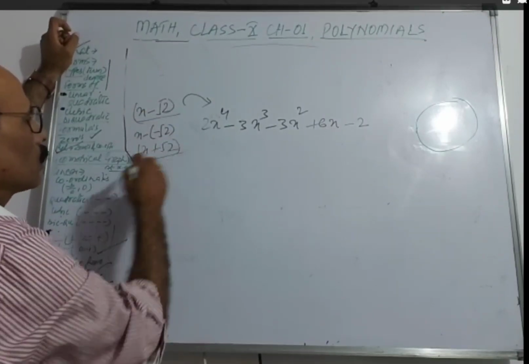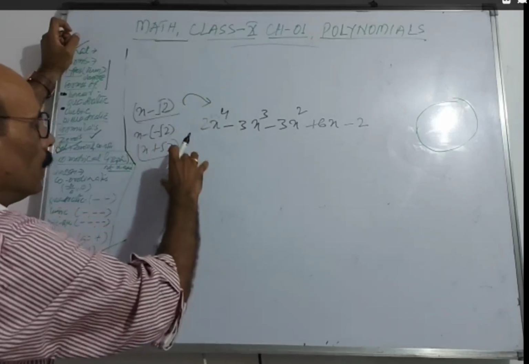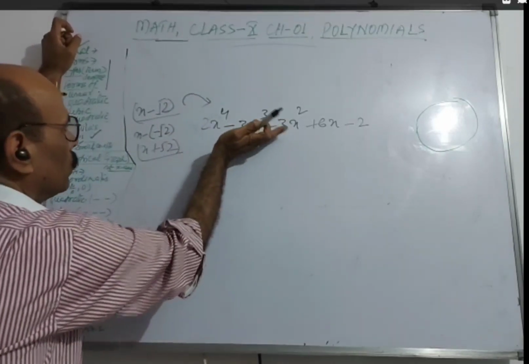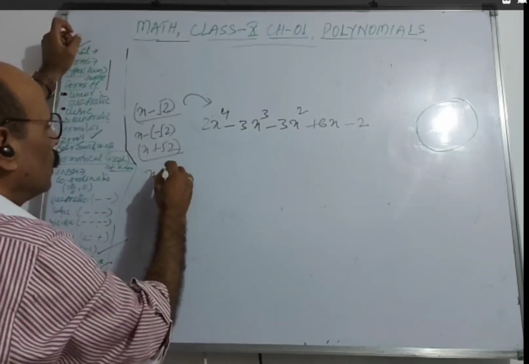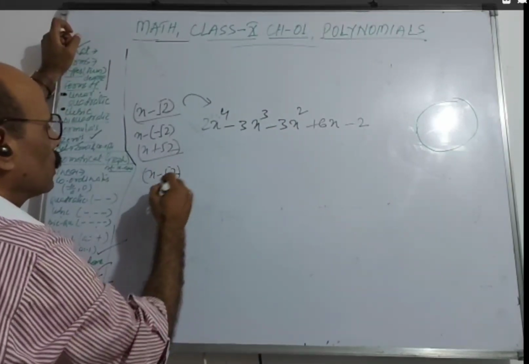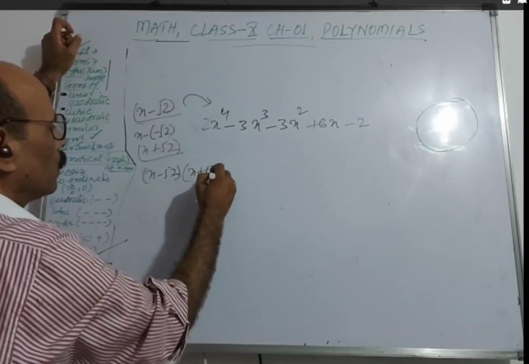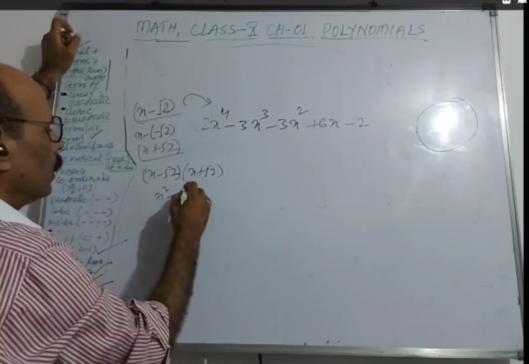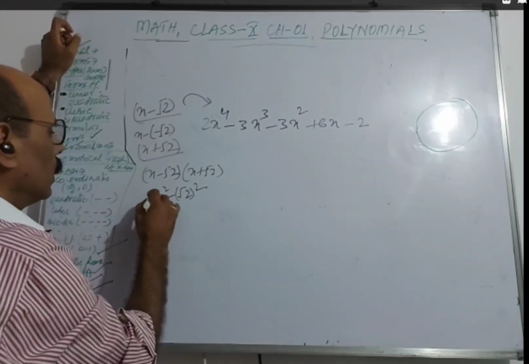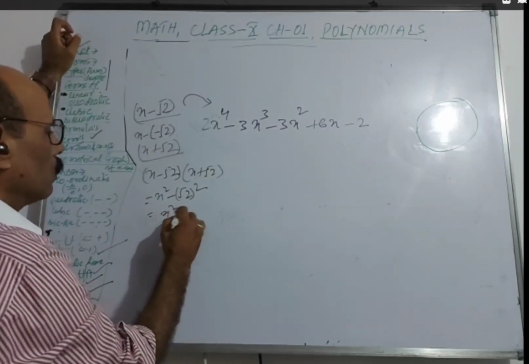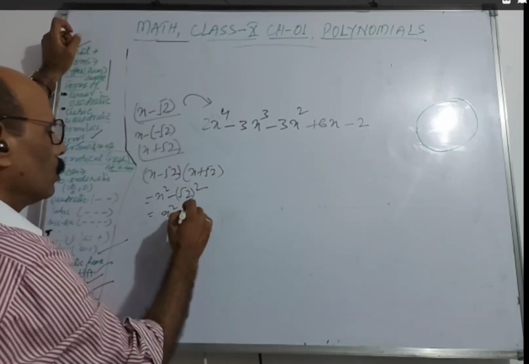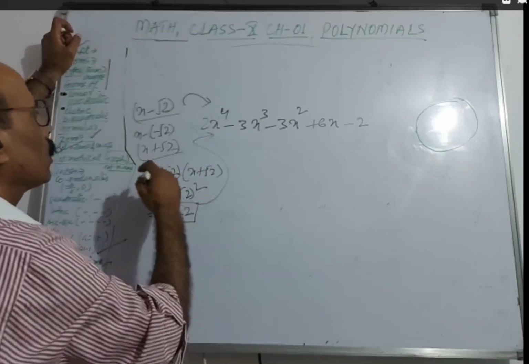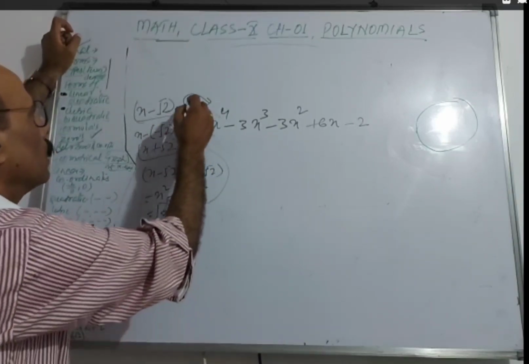X minus root 2, x plus root 2. If we multiply these, the product will also be a factor of this polynomial. What will be the result of the multiplication? a minus b, a plus b, x square minus b square. This is x square minus root 2 square, which means 2. So this is also a factor of this. This was the two factors.